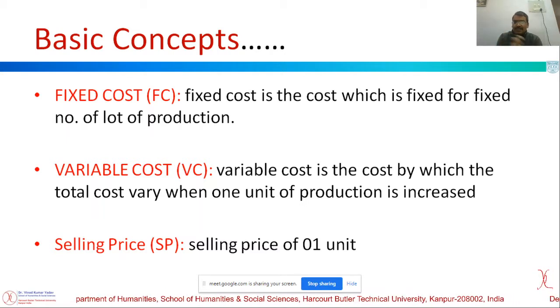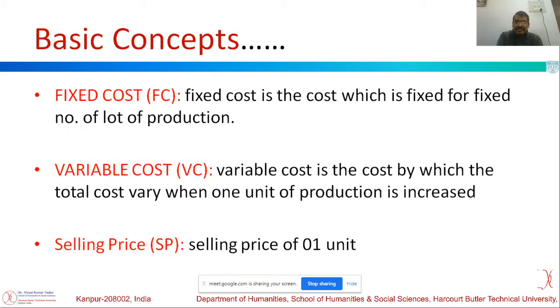Say for raw material, if 6 rupees of raw material is used to produce a pen of 10 rupees, then if you produce 10 pens, your raw material cost will increase in direct proportion to the 10 pens. That means 6 multiplied by 10, 60 rupees. So when you produce 10 pens, the variable cost will be 60 rupees, which varies in direct proportion with the number of units.